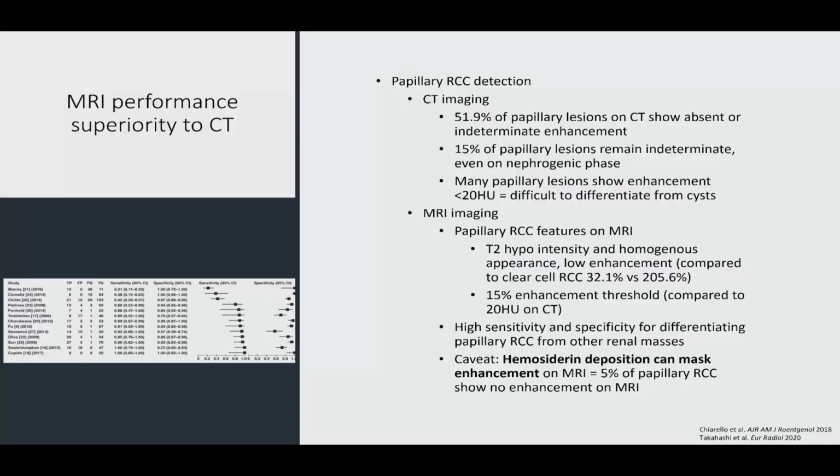And MRI in general has been found to have high sensitivity and specificity in differentiating papillary RCCs from other renal masses, as you can see from the forest plot on the left-hand side. What you should know about papillary lesions and MRI is that papillary lesions can have hemosiderin deposition, and when these levels are high, it can completely mask enhancement on MRI for these lesions.